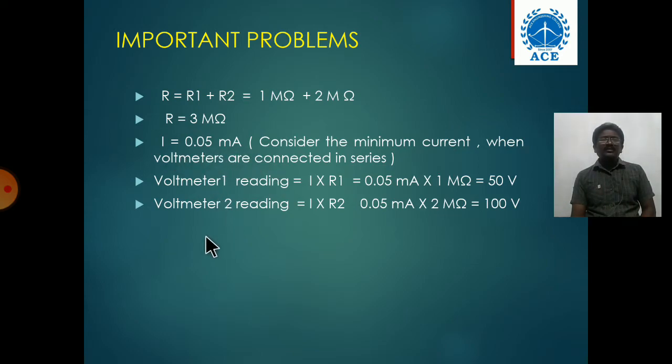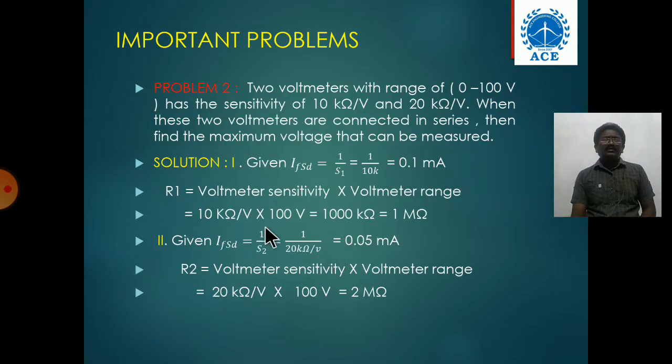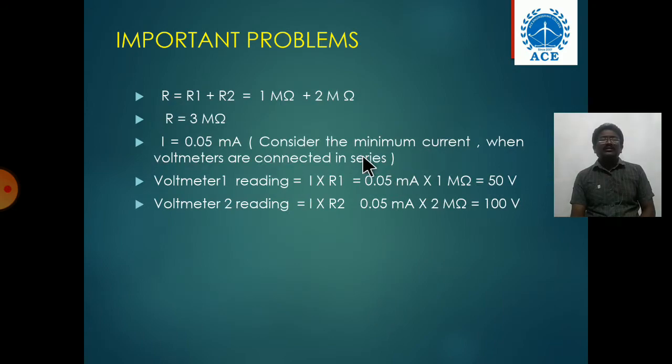Actually in this slide we got first current 0.1 milliamps and second current 0.05 milliamps. Now you have to consider the minimum current value. Here 0.05 milliamps is the minimum current value. So take that as I. Consider the minimum current when the voltmeters are connected in series.